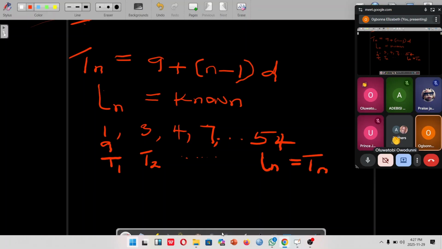Yes. If we have infinite sequence, the formula will be Sn equals n over 2 bracket 2a plus bracket n minus 1 close bracket d close bracket. Exactly. That's a very good one.